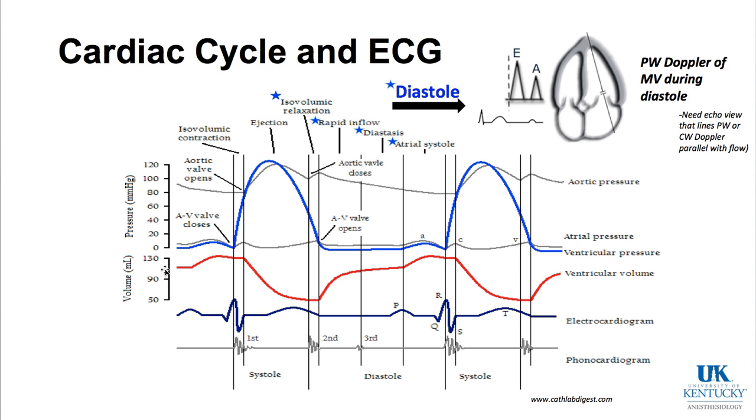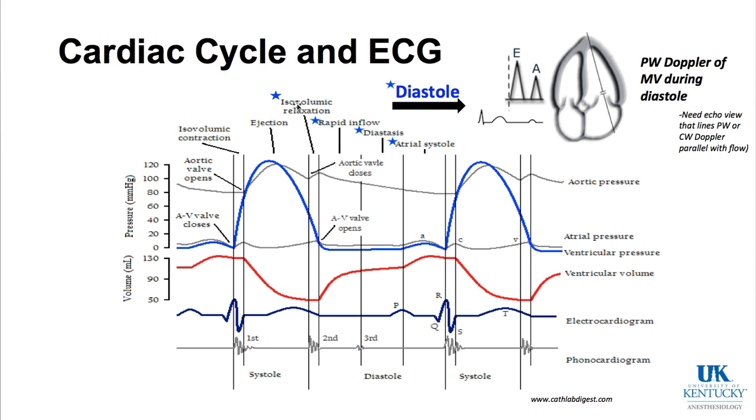In red represents the ventricular volume, which obviously fills some when the AV valve, the mitral valve, opens and blood flows from atria to ventricle, and then empties a lot when ejection occurs. Then the electrocardiogram and the first and second heart sounds. We want to focus on diastole and the starred events up at the top.